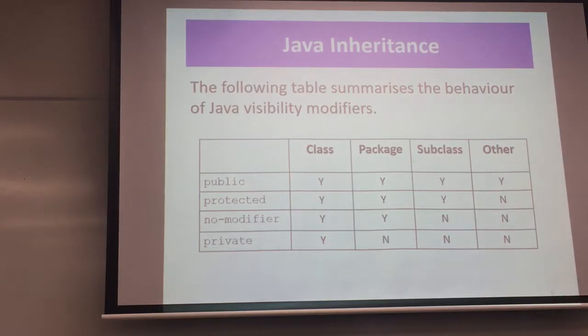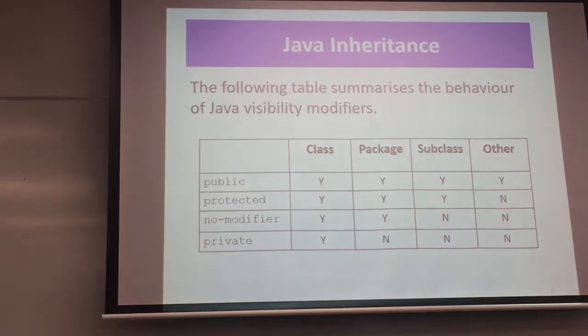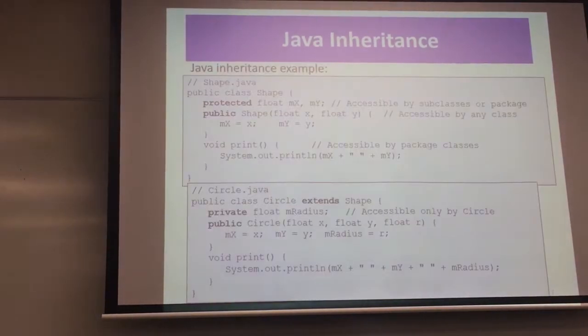But derived classes are not allowed direct access. And private is most restrictive. So these are the 4 levels of visibility. The only difference is just package level.